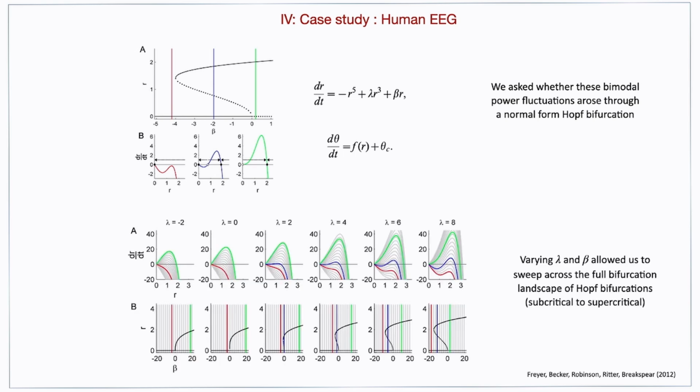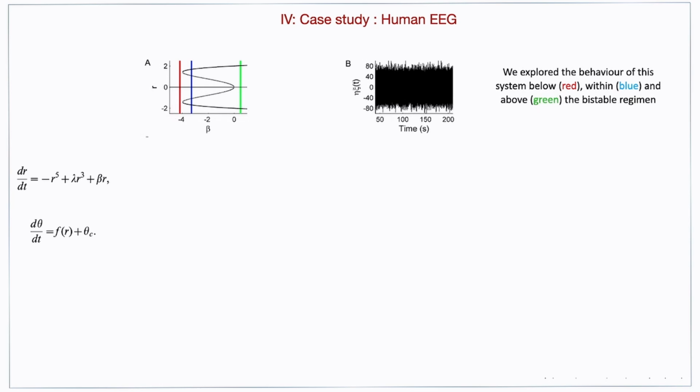So we cheat a bit, but that's another type of normal form of the Hopf bifurcation. If you vary theta and beta, doing it properly this time, you get supercritical and then subcritical bifurcations. Two parameters.